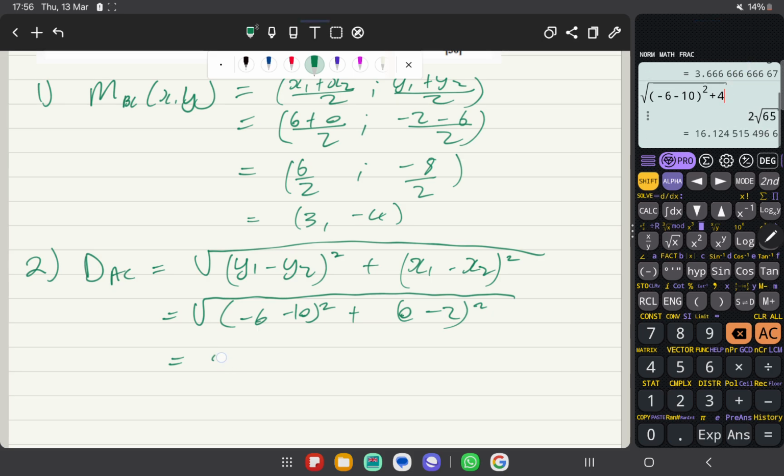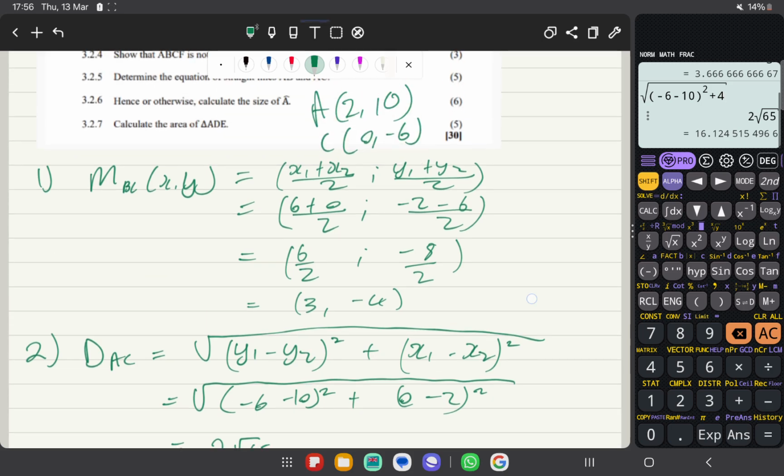Leaving it in the simplest surd form, that is 2 square root of 65. That 4 is coming from minus 2 squared, and the 16... that is minus 16 squared. Cool. Let's move on.